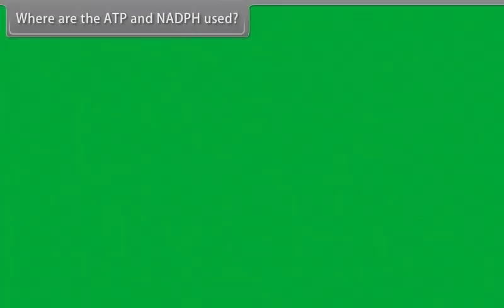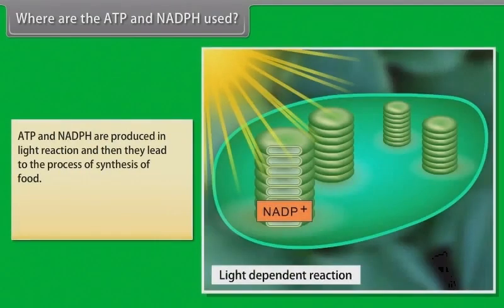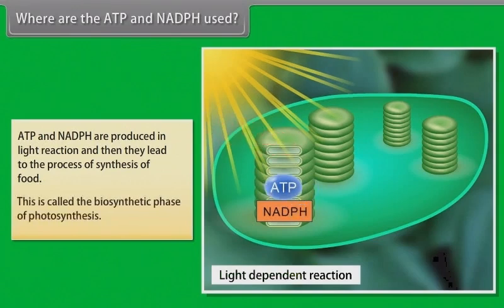Where are the ATP and NADPH used? ATP and NADPH are produced in the light reaction and then they lead to the process of synthesis of food. This is called the biosynthetic phase of photosynthesis.